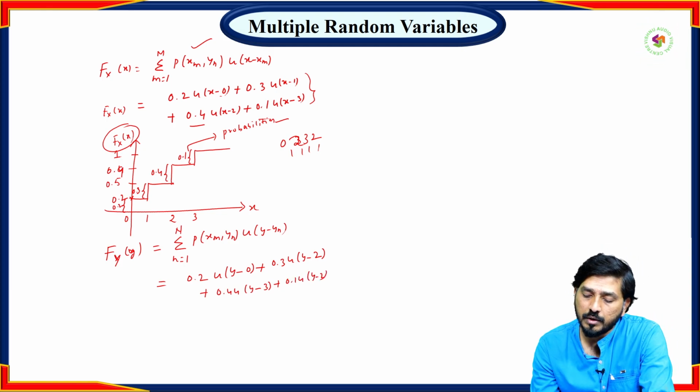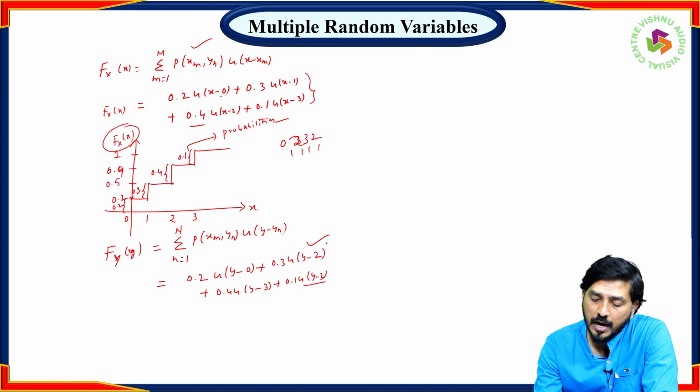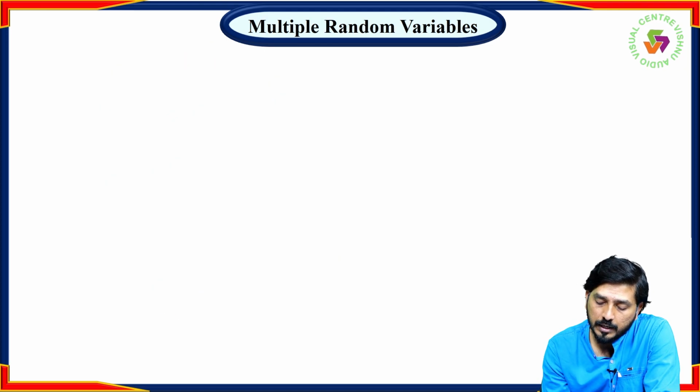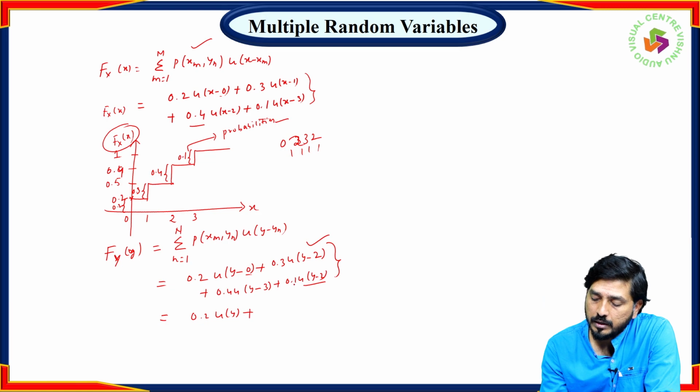Now if you observe, you have two step functions with the same expression, u of y minus 2 and u of y minus 2. You add these two, and the resultant is 0.2 u of y as it is, plus, adding these two, 0.4 u of y minus 2, plus 0.4 u of y minus 3.